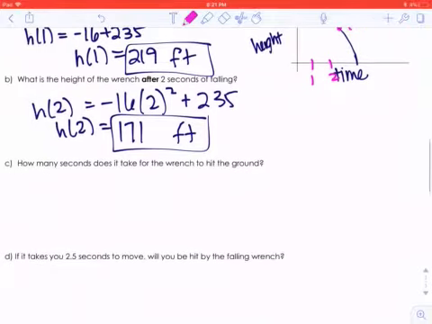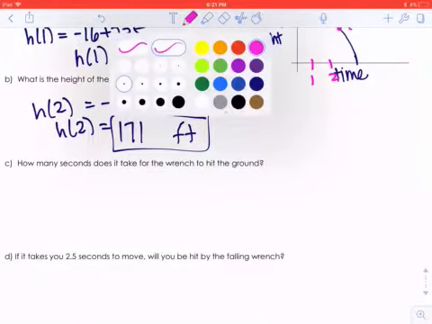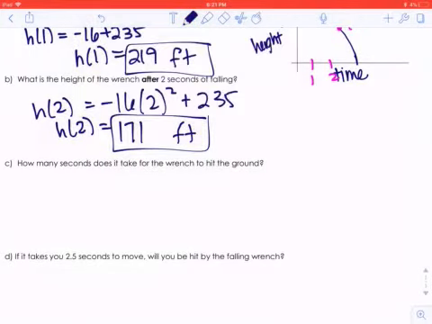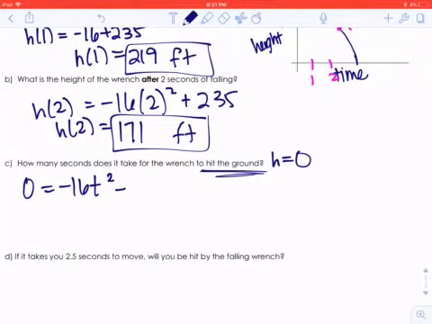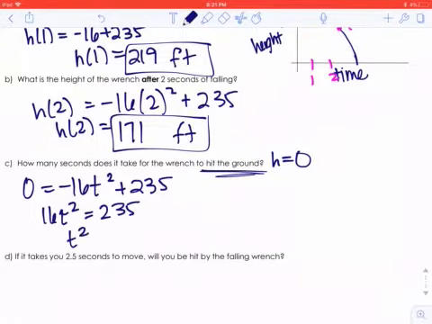All right. How many seconds does it take for the wrench to hit the ground? So hit the ground, that means that the height is 0. So we're going to set the height equal to 0. And you're going to get negative 16 t squared plus 235. Subtract over. So we're going to get 16t squared equals 235. Divide by 16.